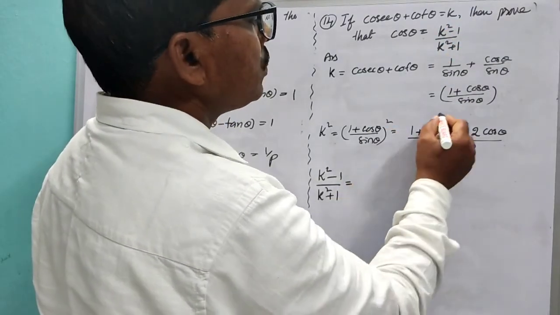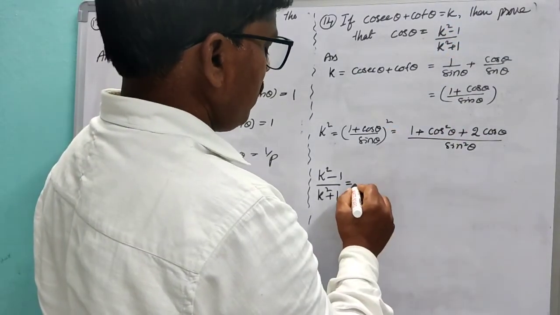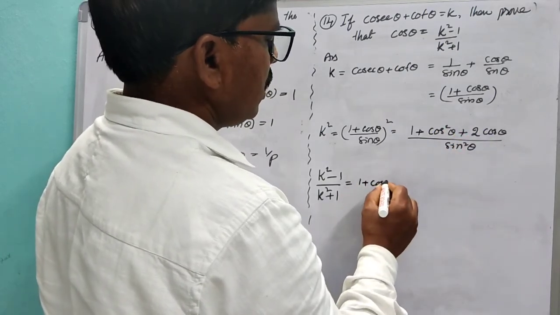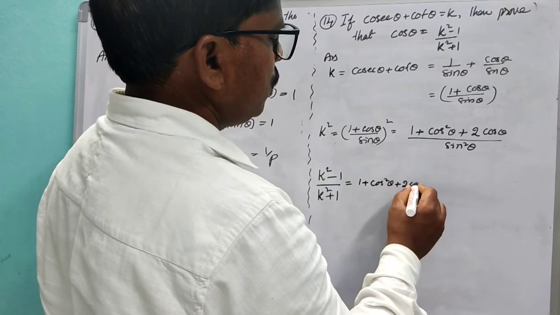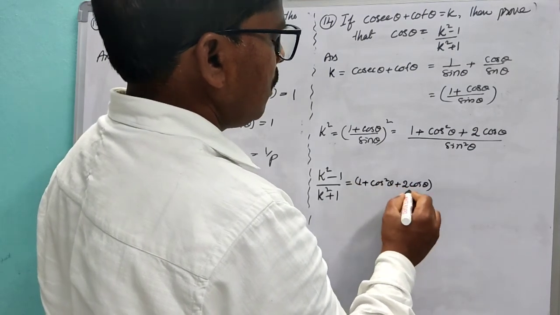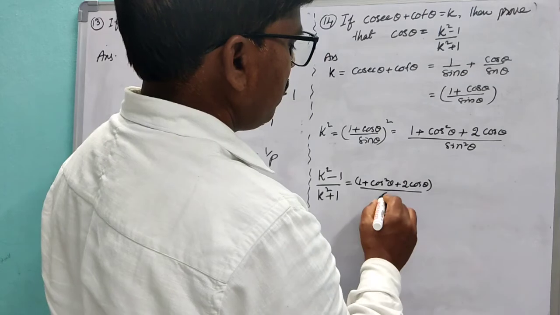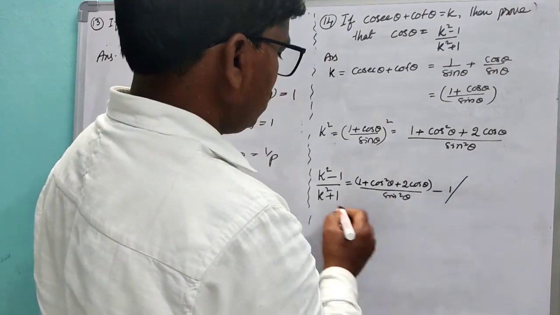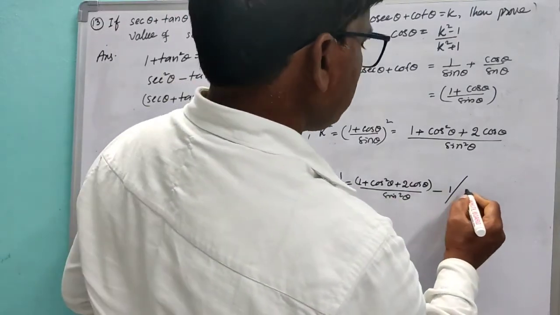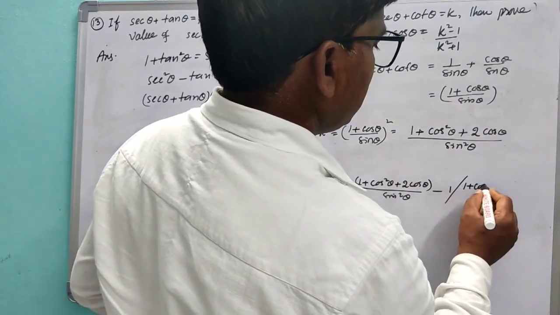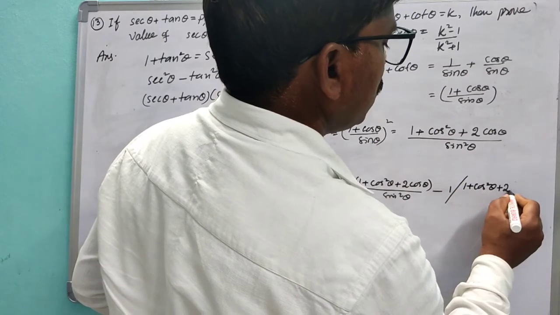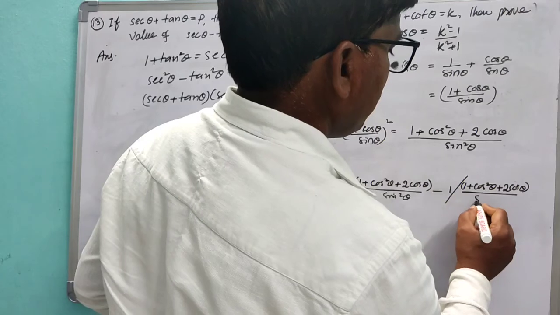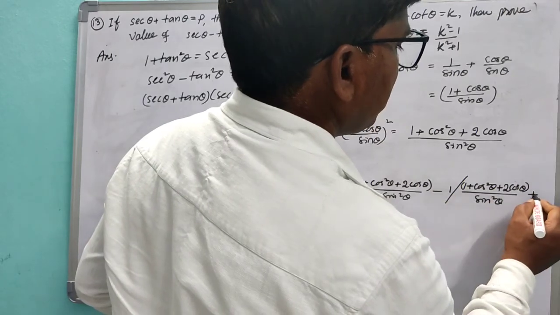Okay, now k square minus 1 by k square plus 1, take this one. So substitute this, which is equal to 1 plus cos square theta plus 2 cos theta by sin square theta minus 1, by 1 plus cos square theta plus 2 cos theta by sin square theta plus 1.